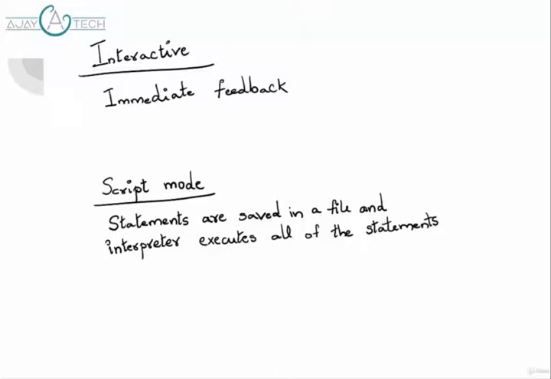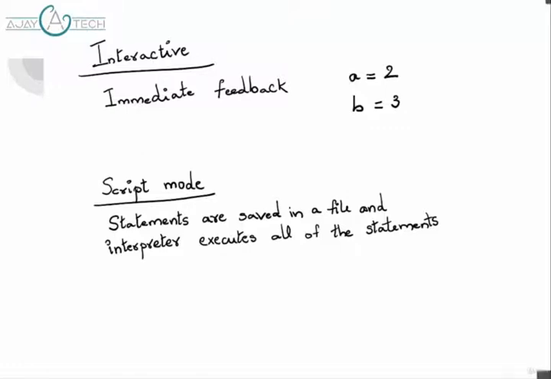Say, for example, in our IDE, we enter the first statement, I assign value 2 to the variable A and run the interpreter. The interpreter stores the output of the executed statement in active memory. And then in the second line, I assign the value 3 to the variable B and then run the interpreter again.